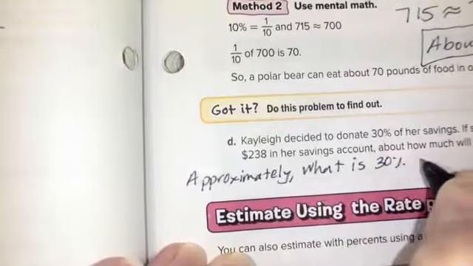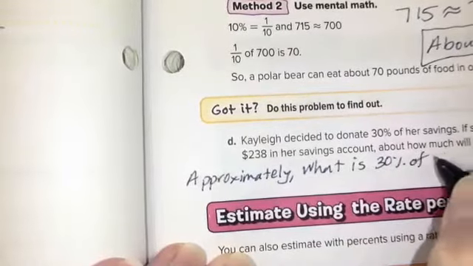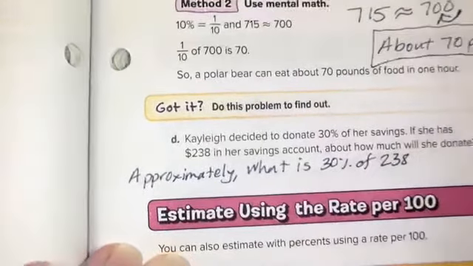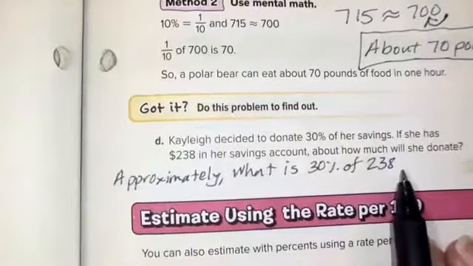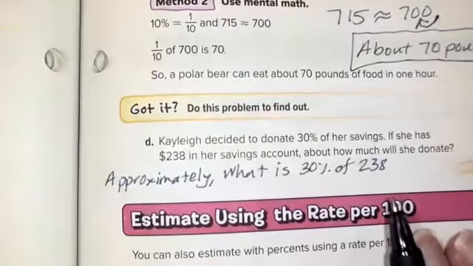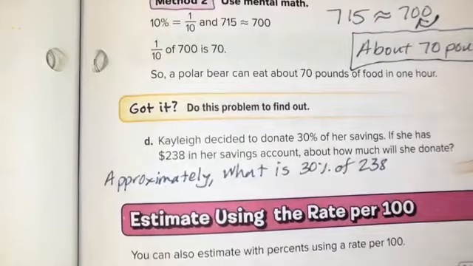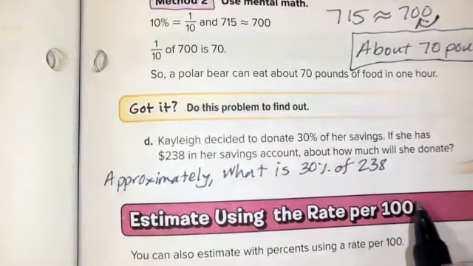Okay, approximately, what is 30%? Okay, so if I have 238, I can round that to 240, okay?